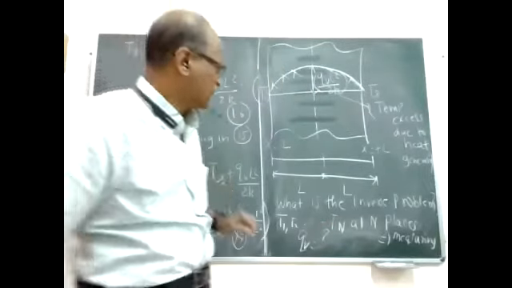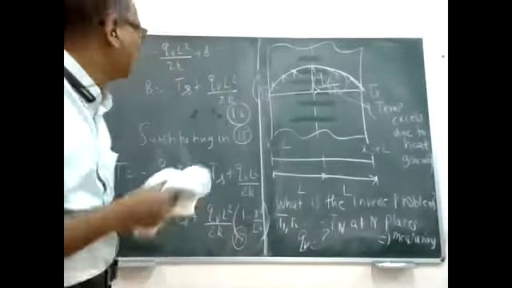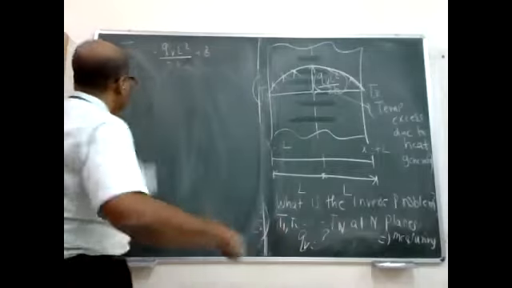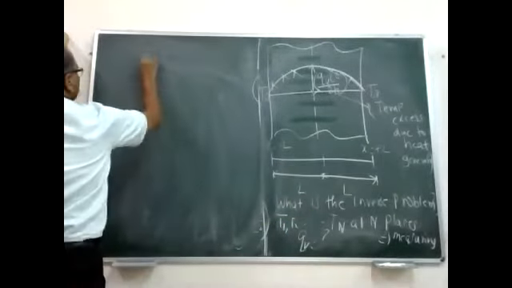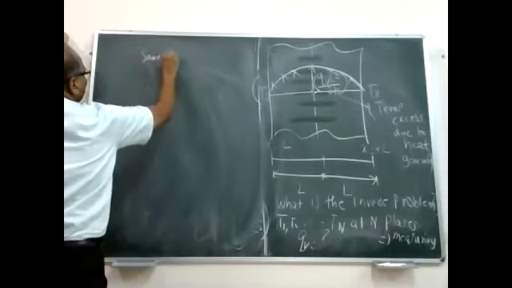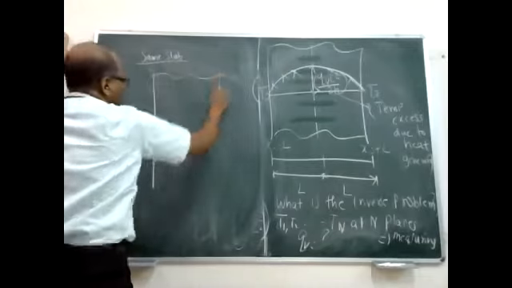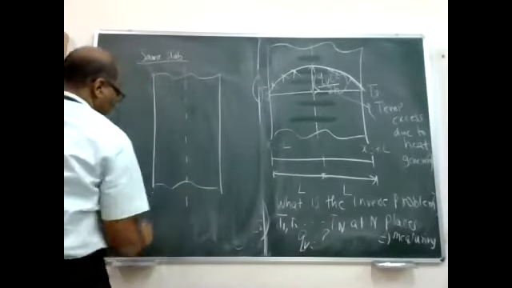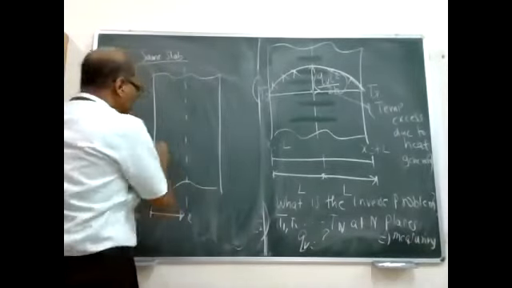Now the question is, if I have many measurements, can I get the QV? Now the problem can get a little more difficult. Take the same slab, and say this is X, and this is 2L.